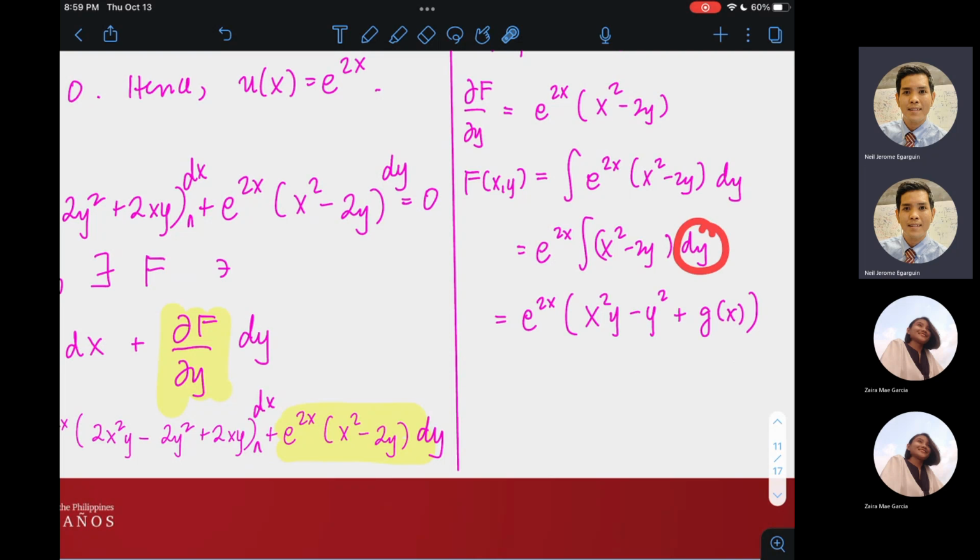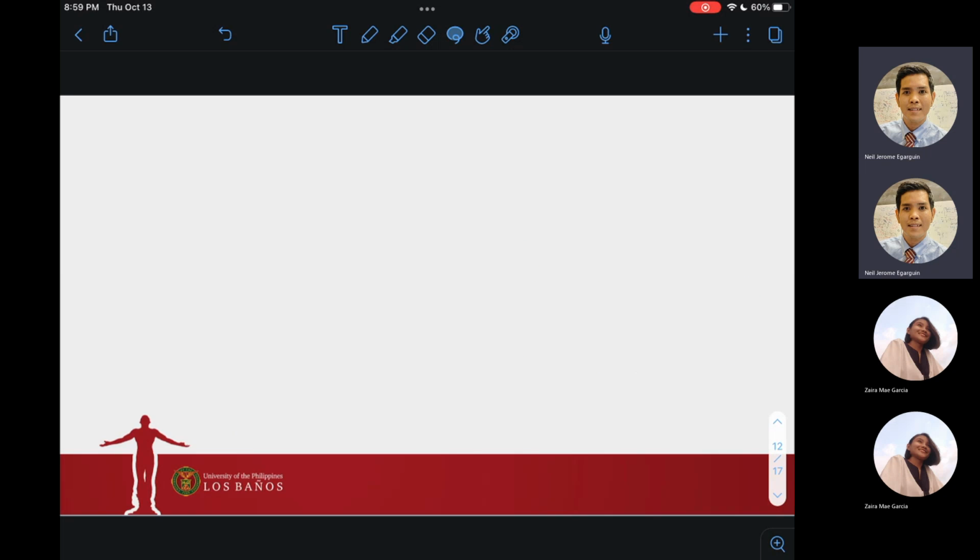Kasi nga nag-integrate tayo with respect to y, so instead of a plus c, kailangan constant siya with respect to y. Pero any function that has the variable x alone is constant with respect to y. Kaya meron tayo dito g of x. So this is our answers for capital F, right? So let me just copy this to the next slide. Okay. So ito yung answers natin for f of xy. Dapat ito ay equal rito.